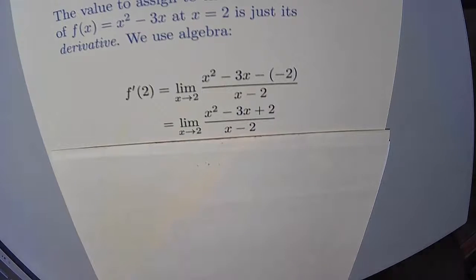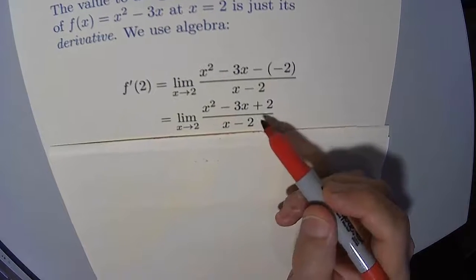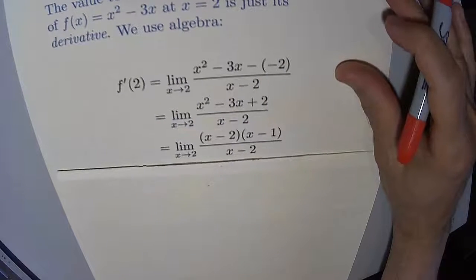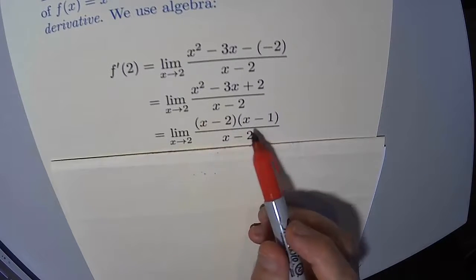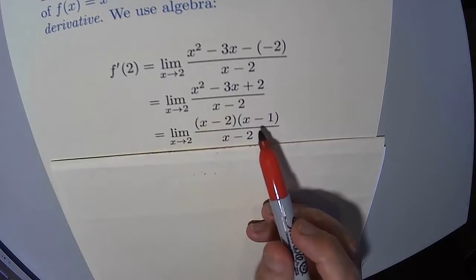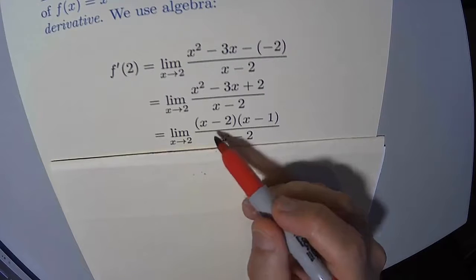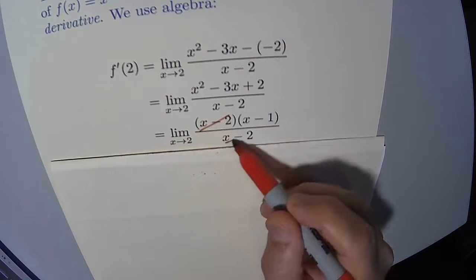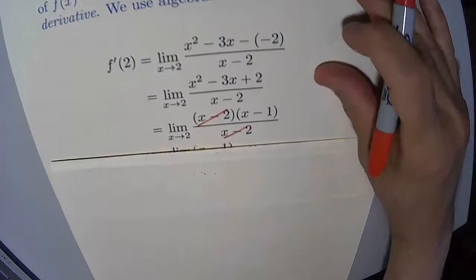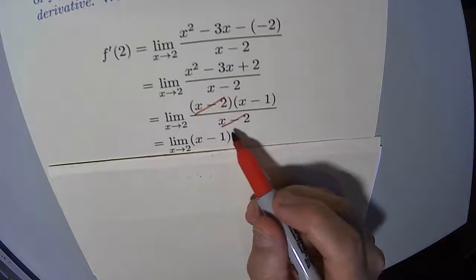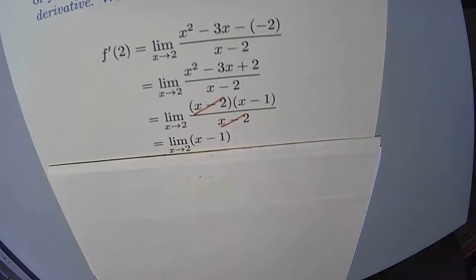We know that minus minus 2 becomes plus 2. We can factor the numerator. X squared minus 3x plus 2 breaks into x minus 2 times x plus 1. Now this is a good thing because we can cancel x minus 2 from numerator and denominator, and that gets rid of the 0 in the denominator.